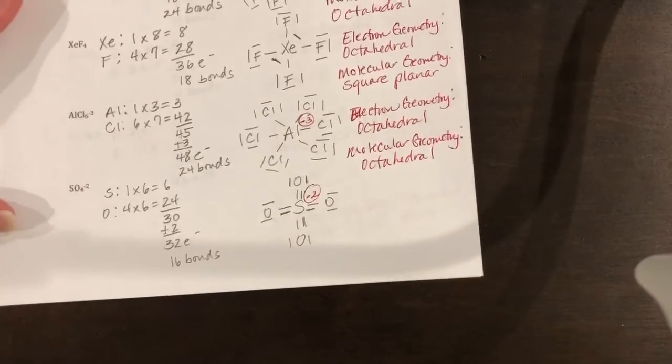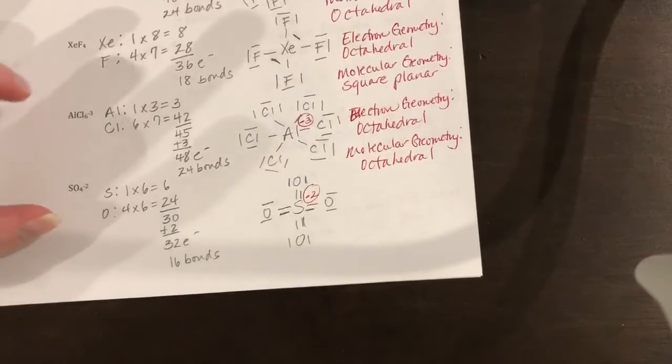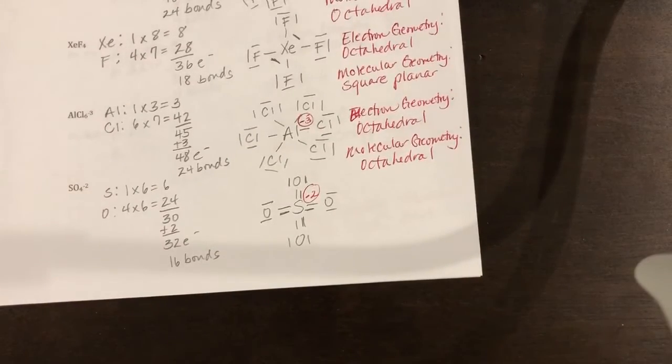Now, if you're looking at this stuff online, especially for these 2 things, you're going to see something called resonance structures. And it's really not worth teaching right now because it's kind of complicated, but they'll switch between Lewis structures of certain stuff.